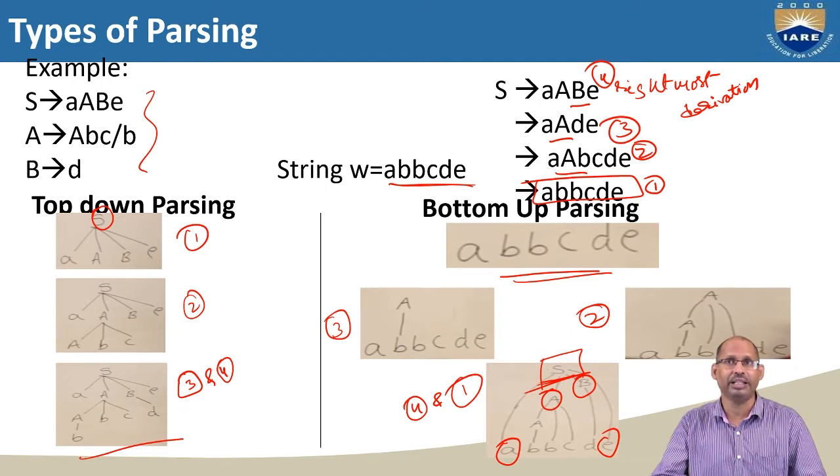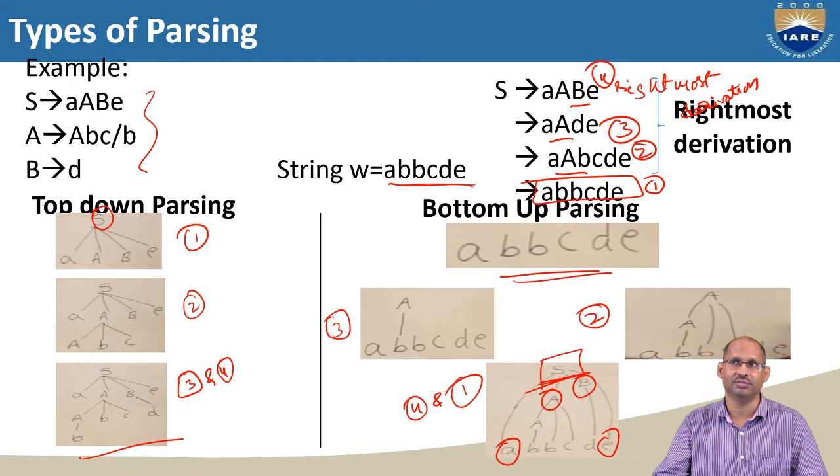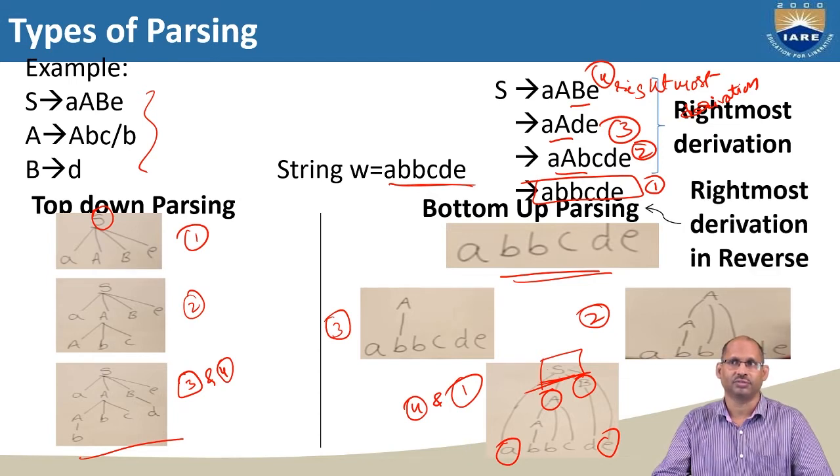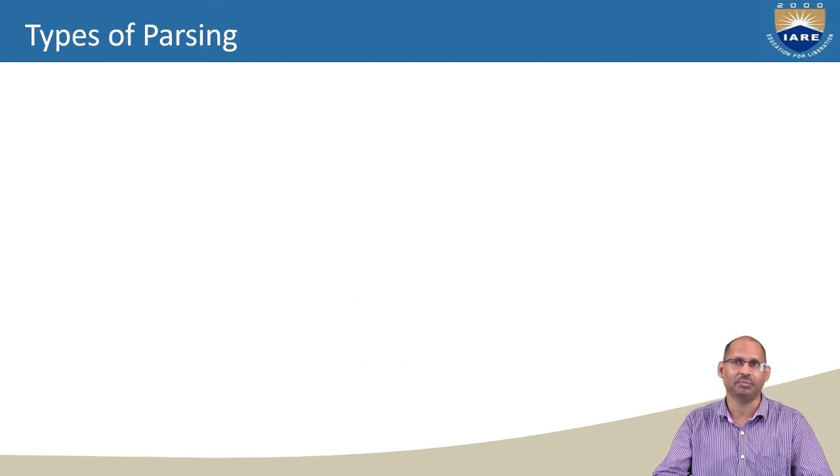So that is the main difference between the top-down parsing method and the bottom-up parsing method, right? So the rightmost derivation in reverse is a bottom-up parsing method.